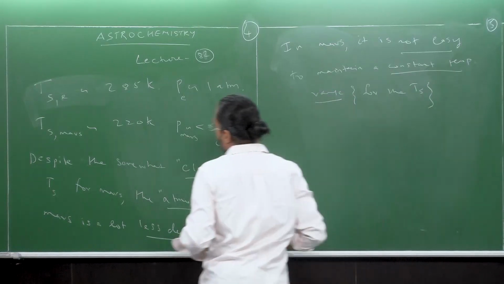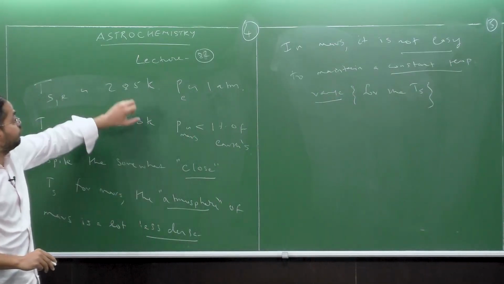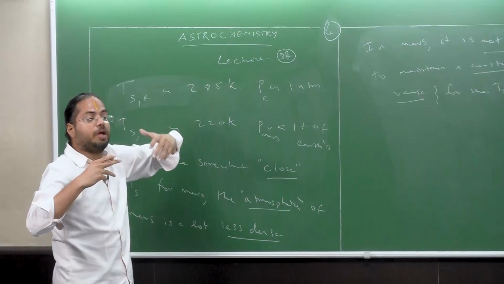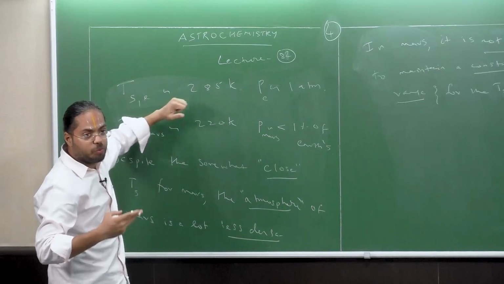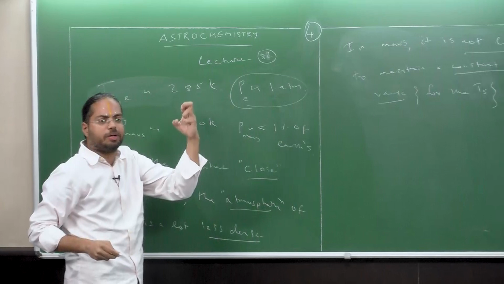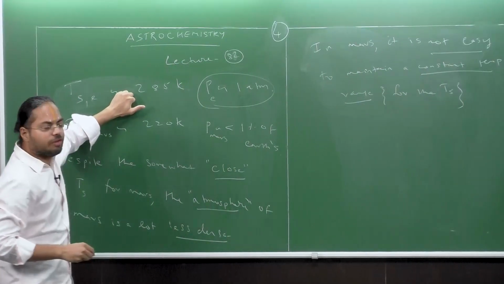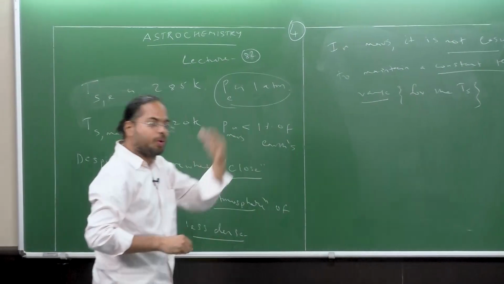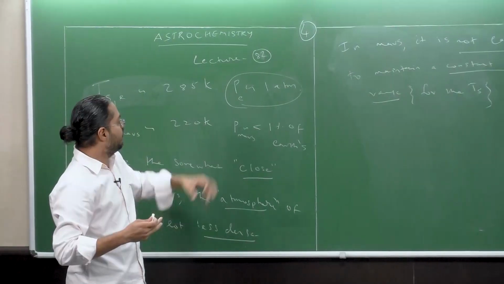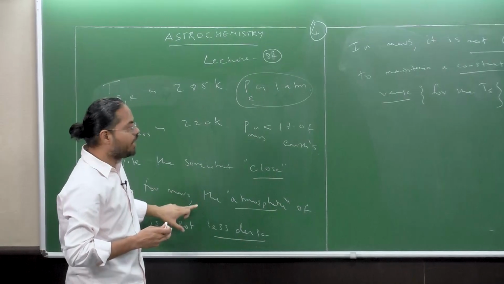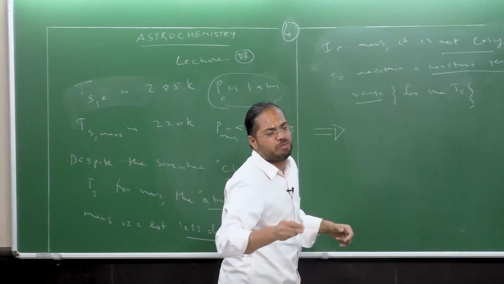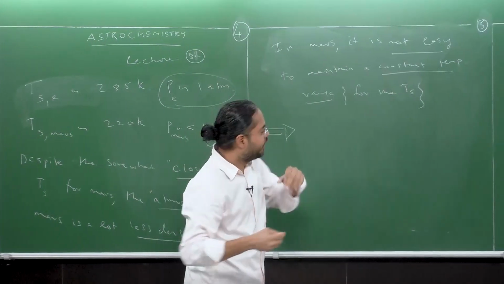Are we clear? Because the atmosphere is so thin. Now, like we discussed in the last class, you would be appreciating the atmosphere of Earth much more because it has sufficient number density. The surface temperature of Earth is kept constant. It goes back to the greenhouse effect, etc. This is a luxury Earth has that Mars does not have. And that is why life on Mars is a great challenge as of today.